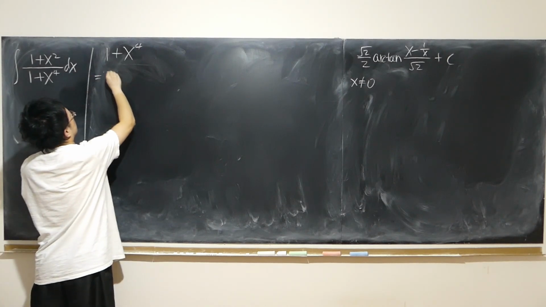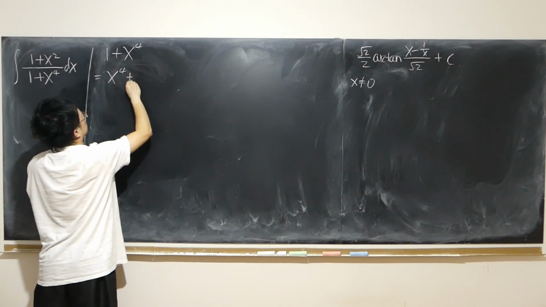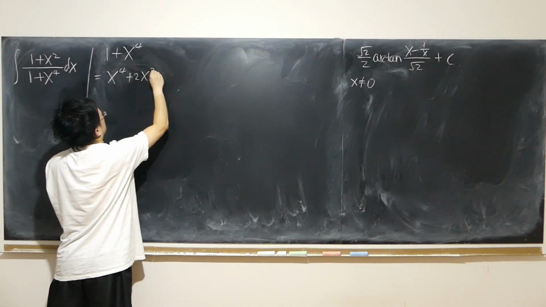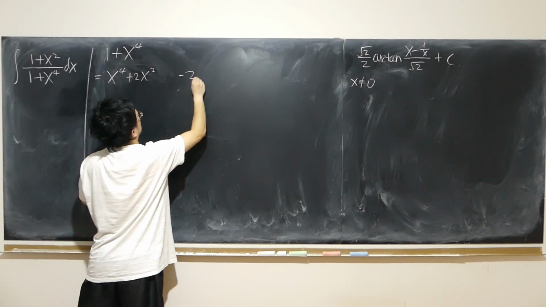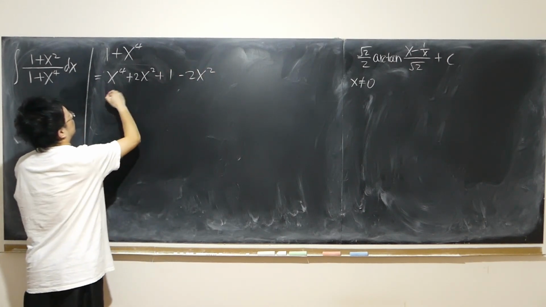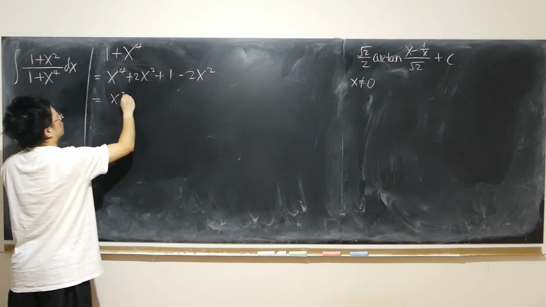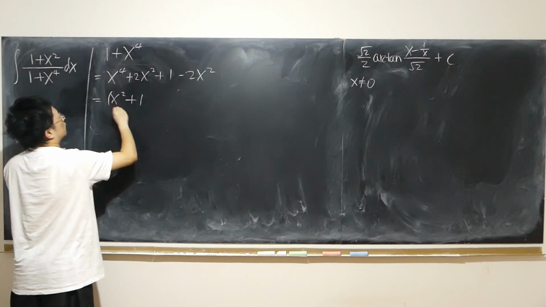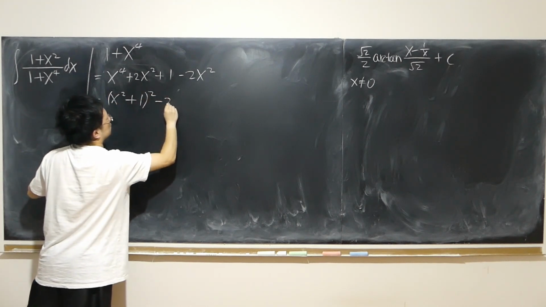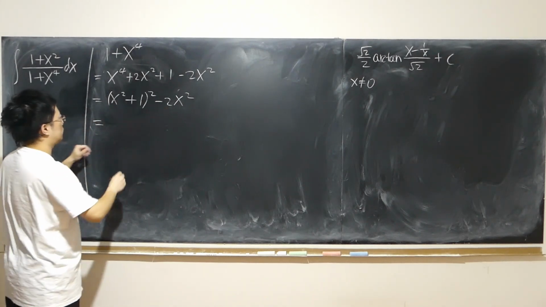That is x to the 4 plus twice x squared minus twice x squared plus 1. Completing the square, x squared plus 1 squared minus 2x squared, a difference of perfect squares.